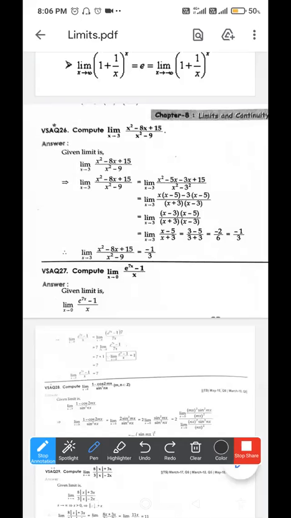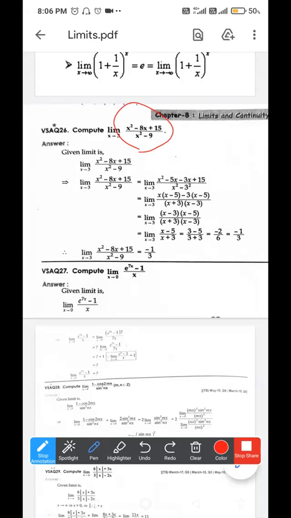So the first question is limit x tends to 3, x square minus 8x plus 15 by x square minus 9.